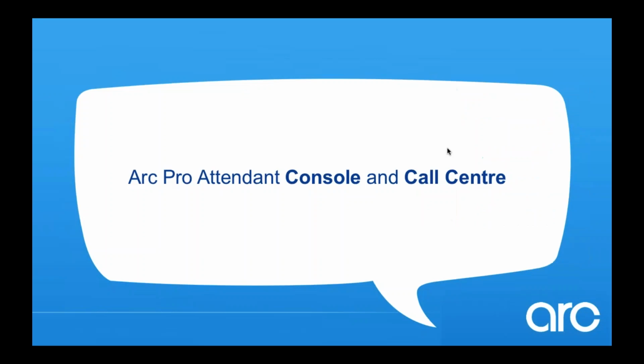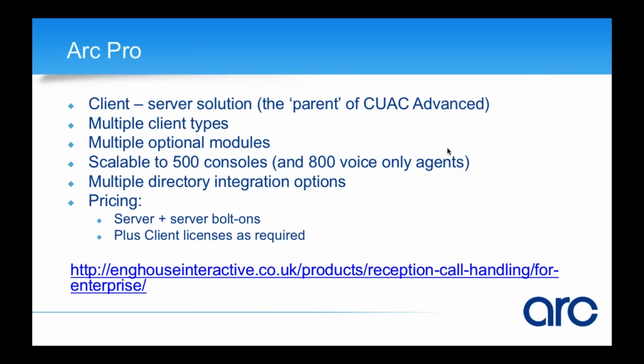And so the Arc Pro product offers the next step up in flexibility and options for you to be able to sell around your customer requirements. And in terms of being able to support different types of business, different types of workflow, and to allow you to build the solution around the way the customer works rather than have the customer adapt to the way the software works, the Arc Pro solution is going to give you the greatest capability.